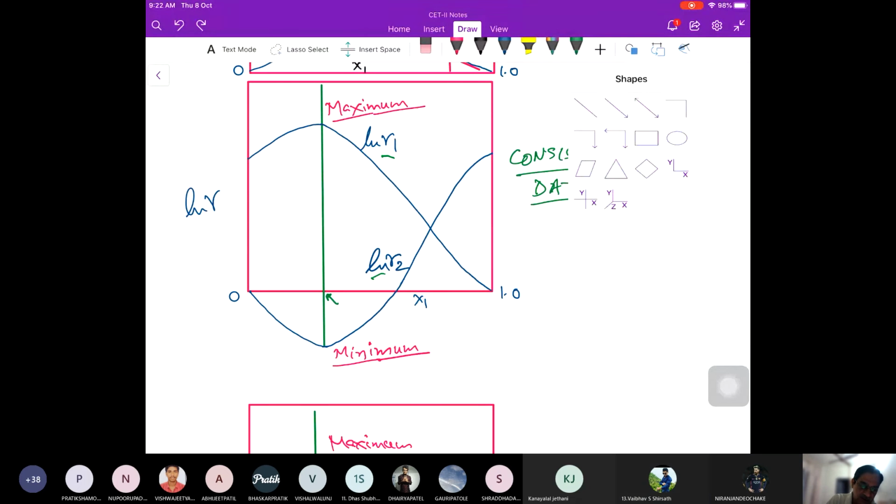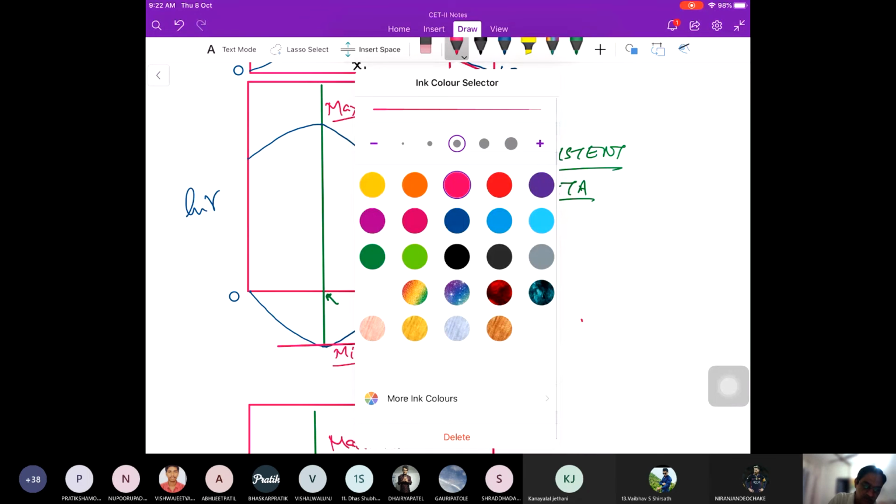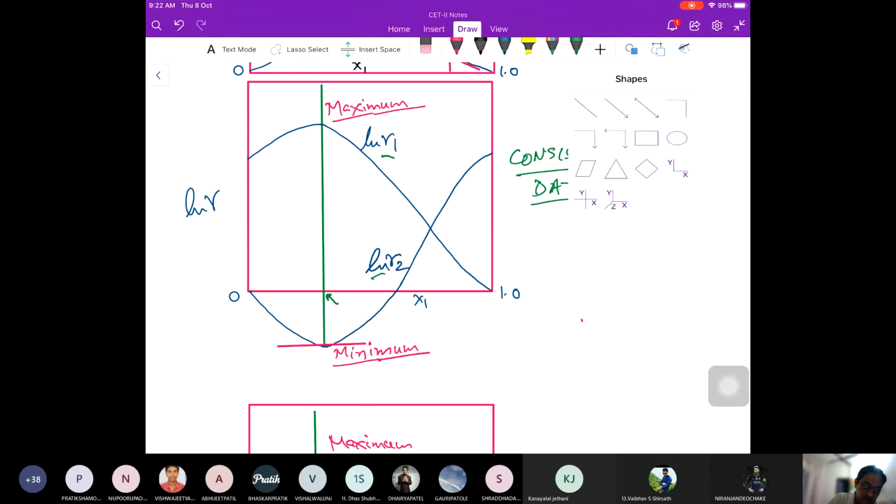First derivative is zero at a maximum, and at a minimum as well. So the first derivative is zero. That is always the case.